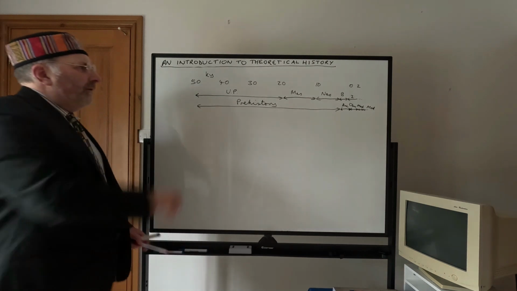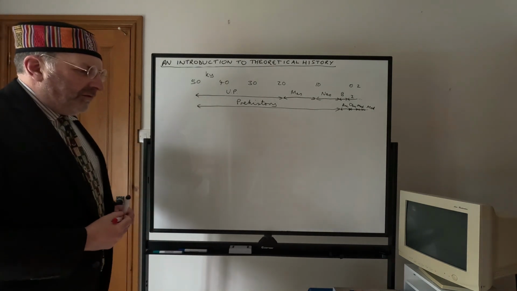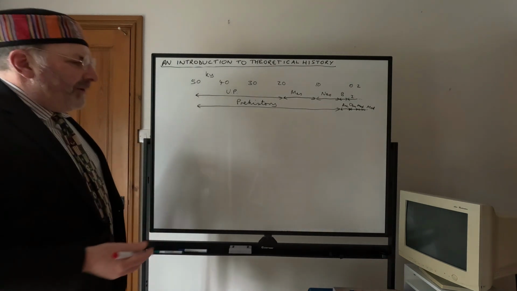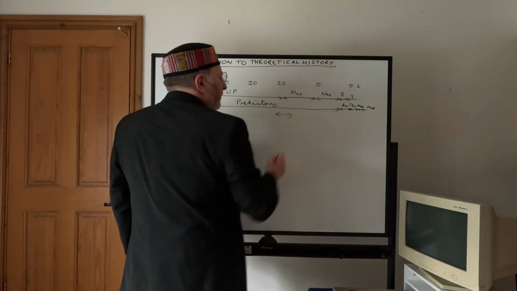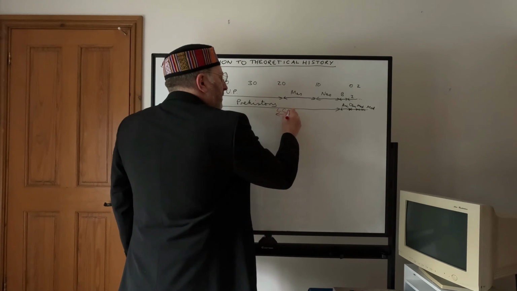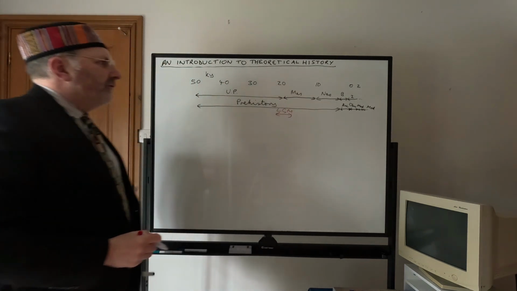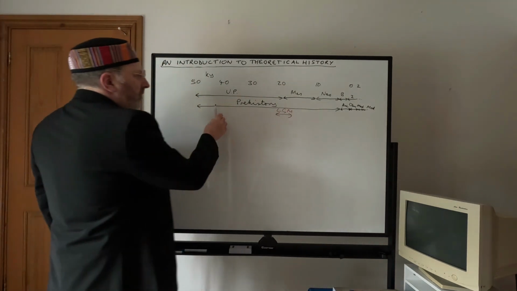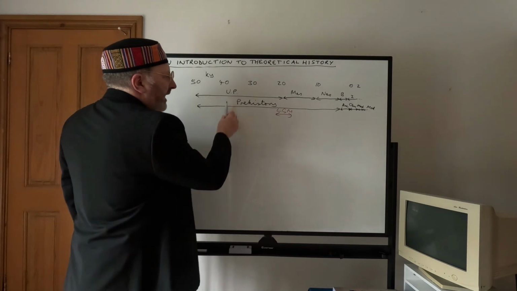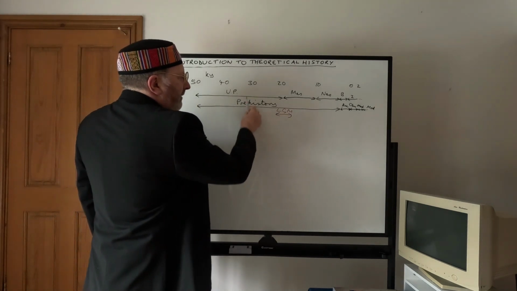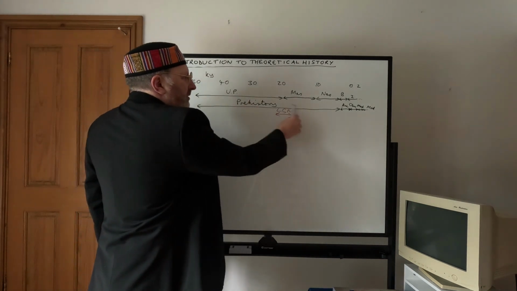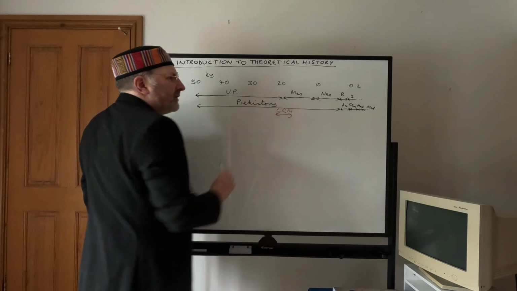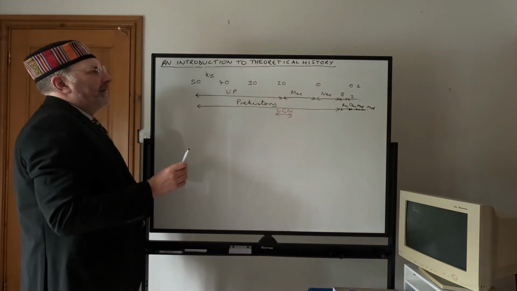And then we can add on to this some specific events that we might be interested in. So say around 20,000 BC, the last glacial maximum. So the ice ages started to come down around about here, and the ice ages fluctuated a bit, but this was when the glaciers were last at their maximum extent.